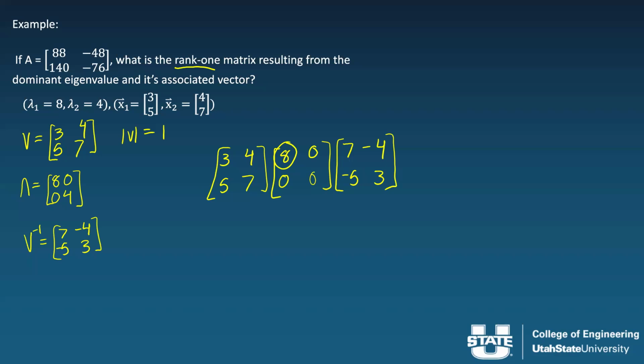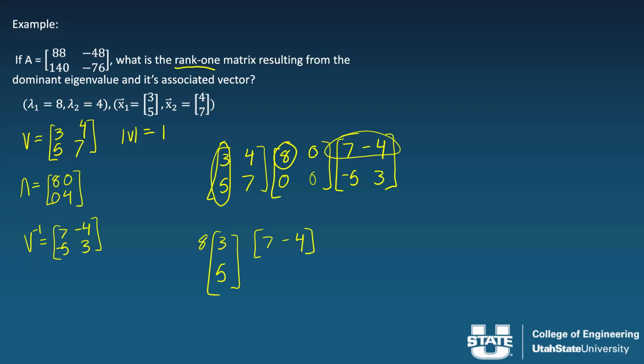Because 8 is just a scalar in this matrix now, we can just multiply this column and this row and scale it by 8. That's what I'm going to do here, because the rest of that lambda matrix is 0 as well. So 8 is just going to scale at this point. Multiplied by 7, -4.